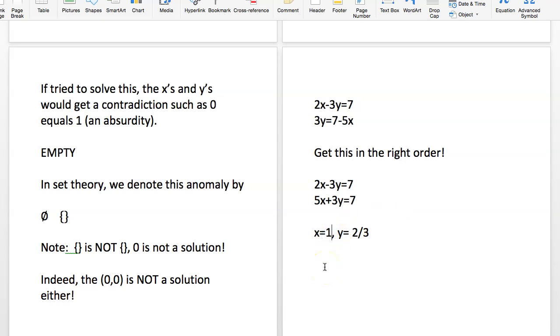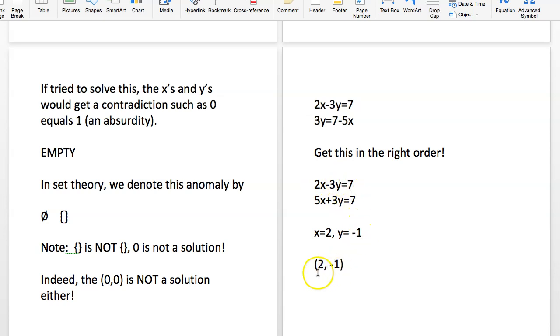X would be 2, because 7 plus 7 is 14, and 7x equals 14. If x is 2, you get 10, and y is not 2/3 either. Actually, y would be negative 1. Check: 2 times 2 is 4, and with negative 1 in here, negative 3 times negative 1 is plus 3, so 4 plus 3 is 7.